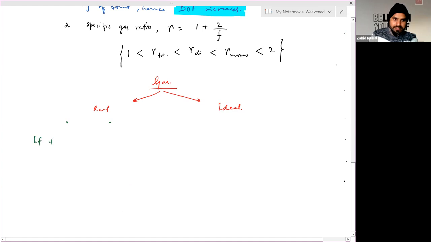So if there is interaction between particles of gas, then it will have some energy due to their interaction.